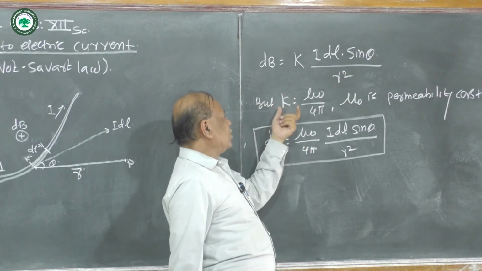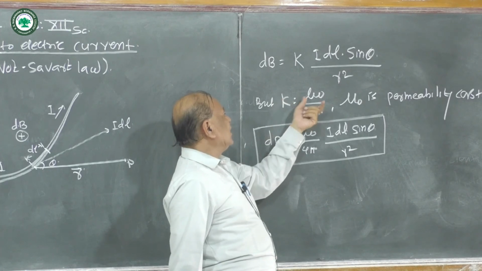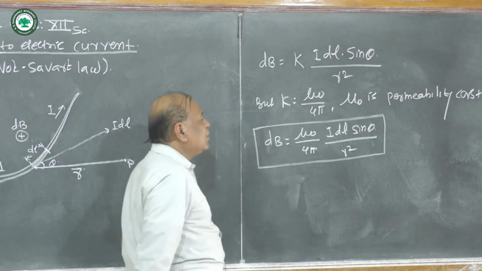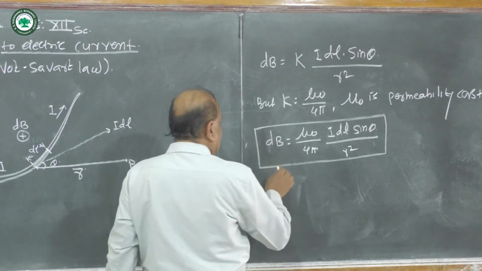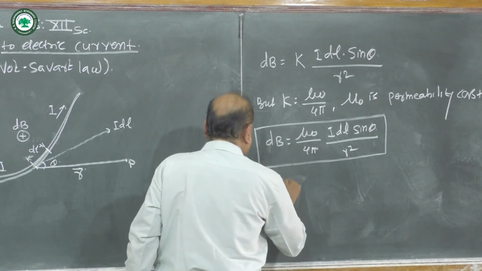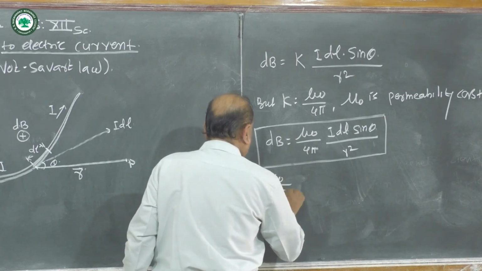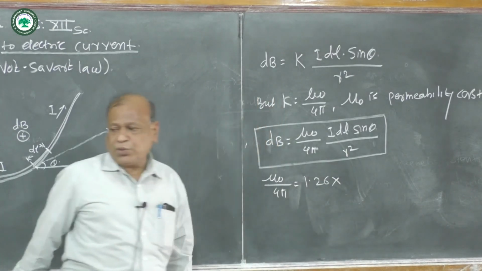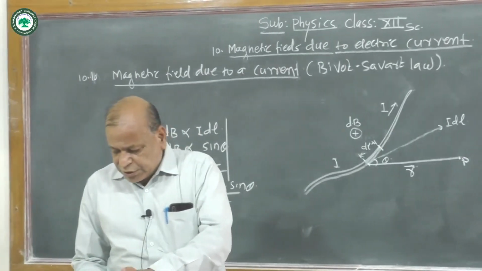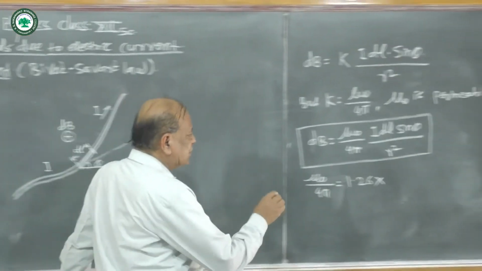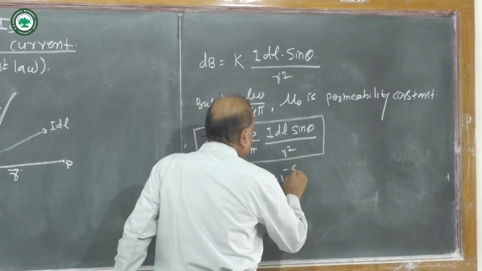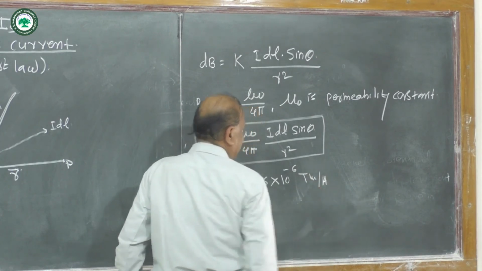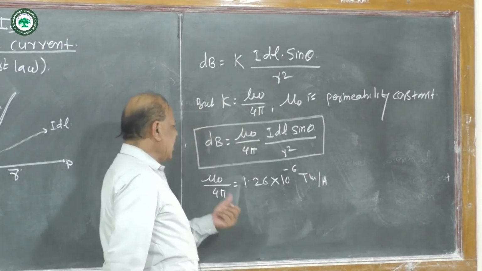The value of the constant k is mu 0 upon 4 pi, where mu 0 is the permeability constant, and mu 0 upon 4 pi is equal to 1.26 into 10 raised to minus 6 Tm per A, tesla meter per ampere.